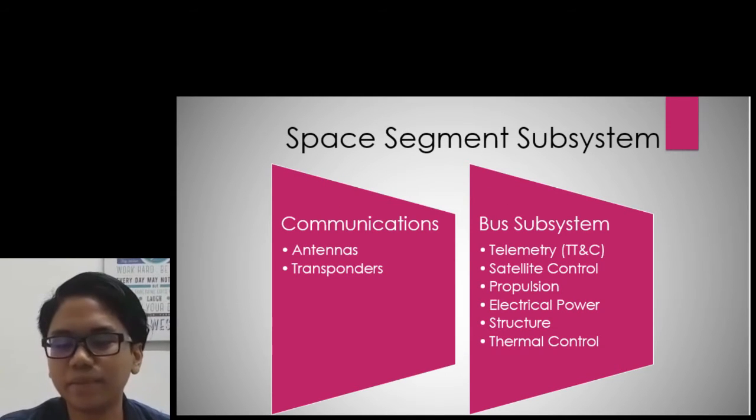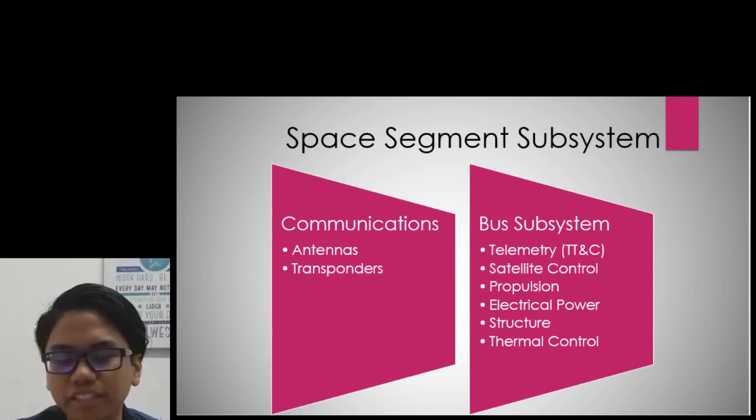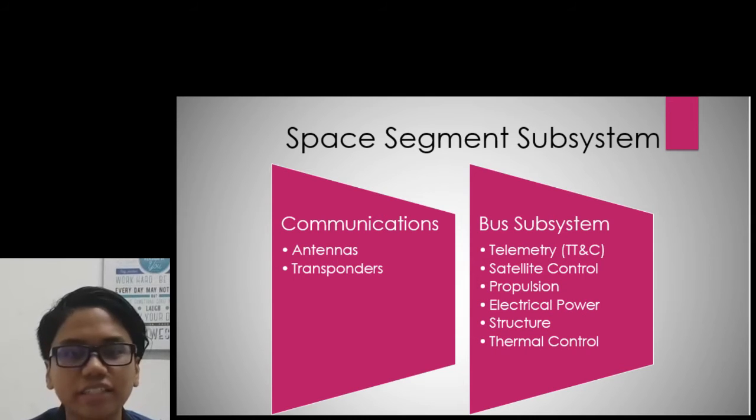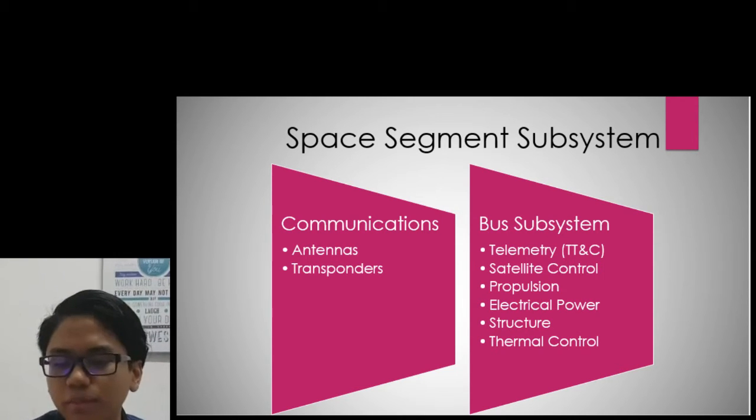For the last part, the space segment subsystem, there are two subsystems. Communication consists of antennas and transponders. The second is the bus subsystem, which is telemetry, satellite control, propulsion, electrical power, structure, and thermal control.